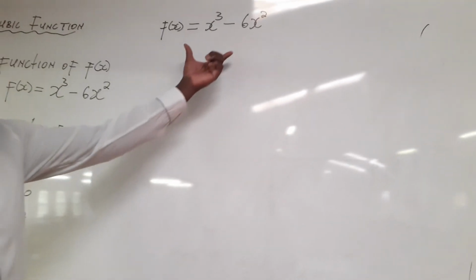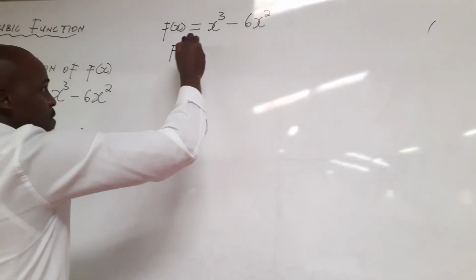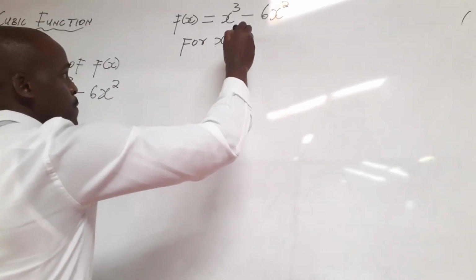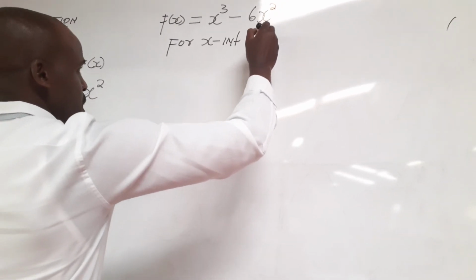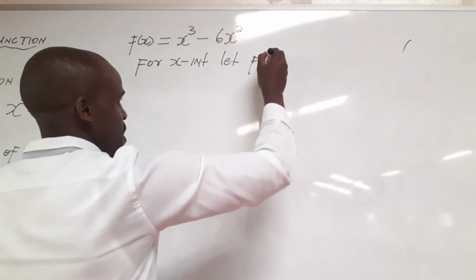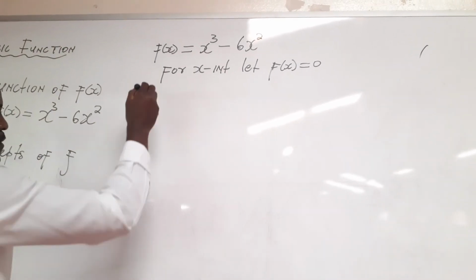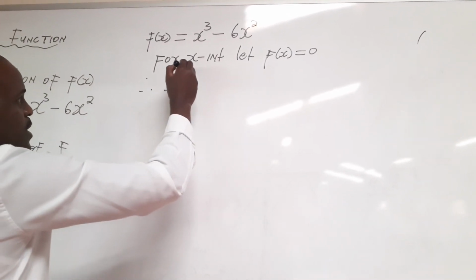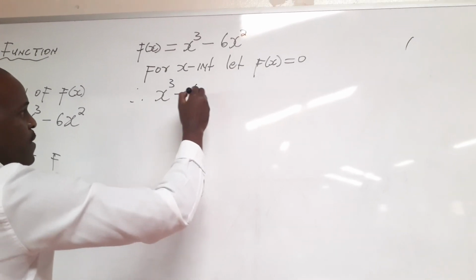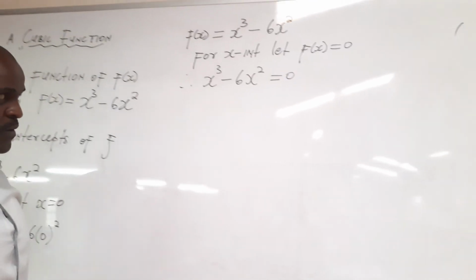Remember, we are to find the x-intercept. For the x-intercept, we let our y be 0. Therefore, it's x cubed minus 6x squared equals 0.